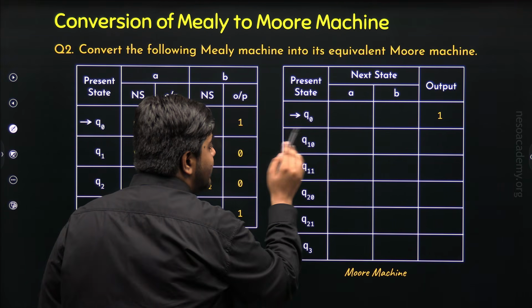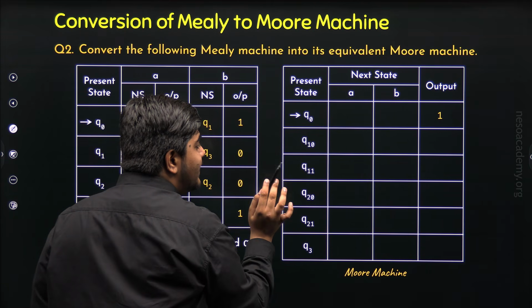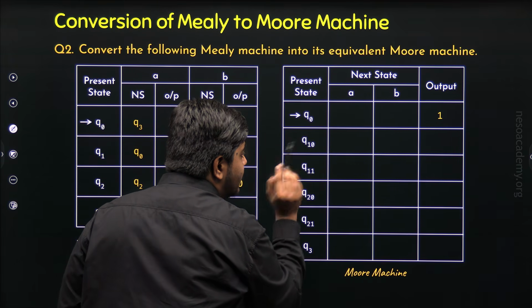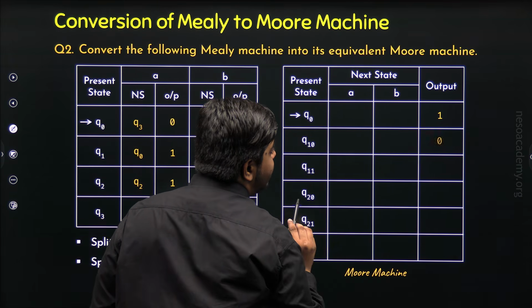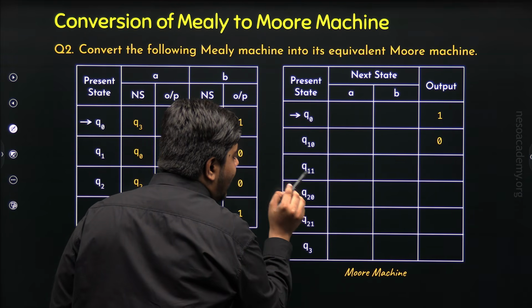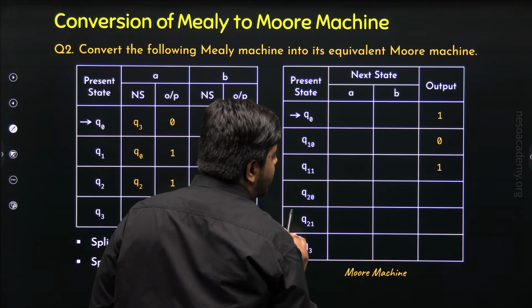Now what about Q10? Q10 means the state Q1 which is associated with output symbol 0. That is why we will write 0. Now Q11 means the state Q1 associated with the output symbol 1. So here we will write 1.